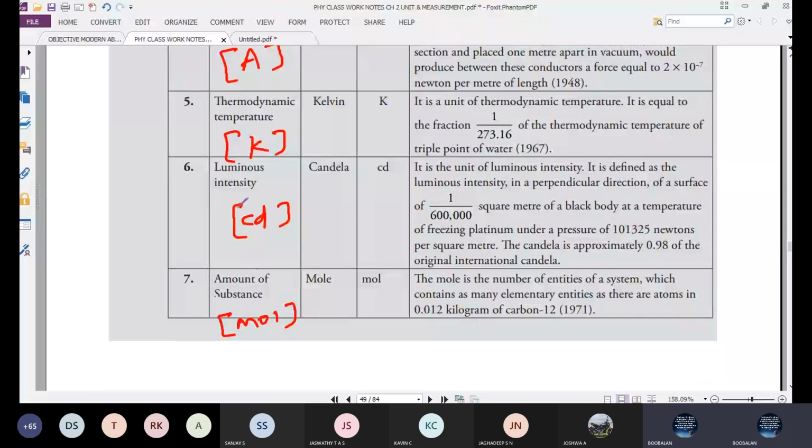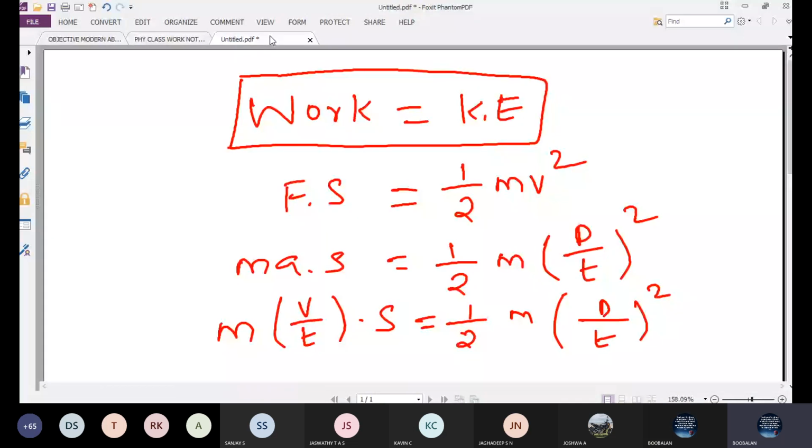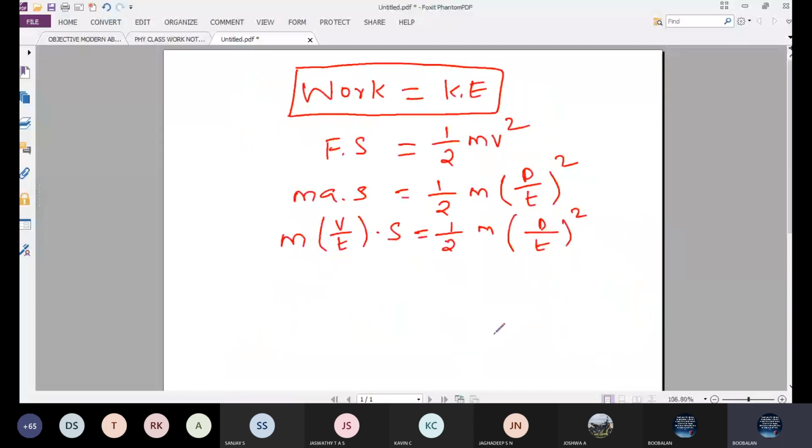So first we know very well what is dimension. Next, dimension formula. For dimension formula purpose, we'll discuss the same example. Work equal to kinetic energy. Listen. M means mass.